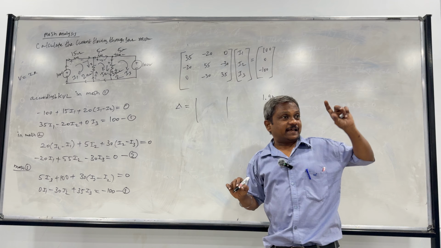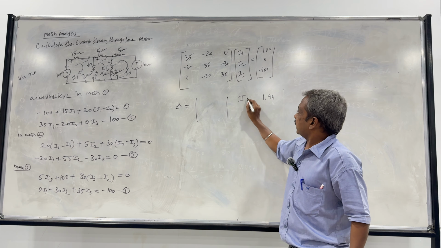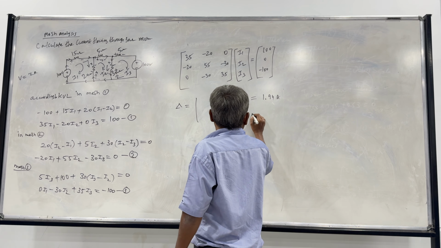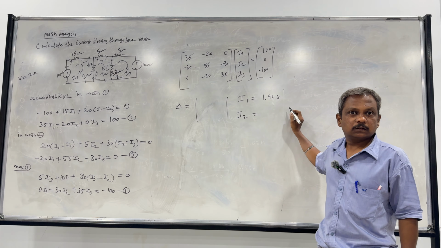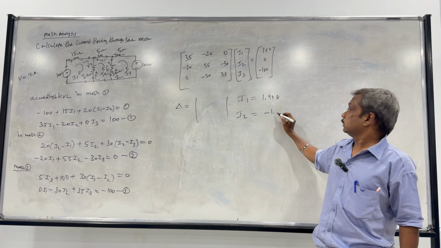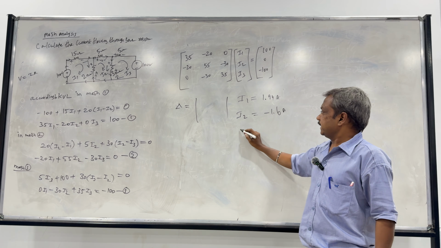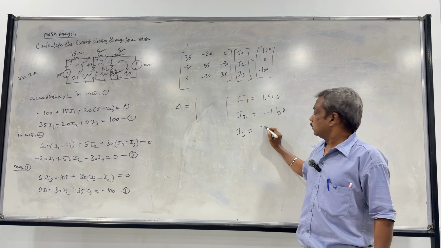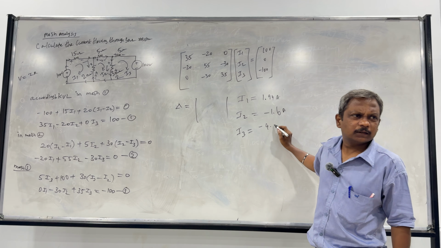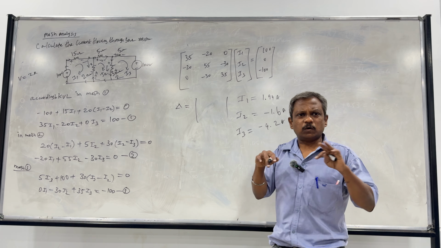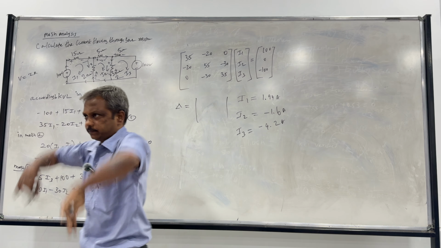But don't write it as X. You have to give the name as I1. Y, what is it? 1.6 ampere. I3 is 4.2 ampere. So these are all the 3 currents. Now I have found I1, I2, I3.